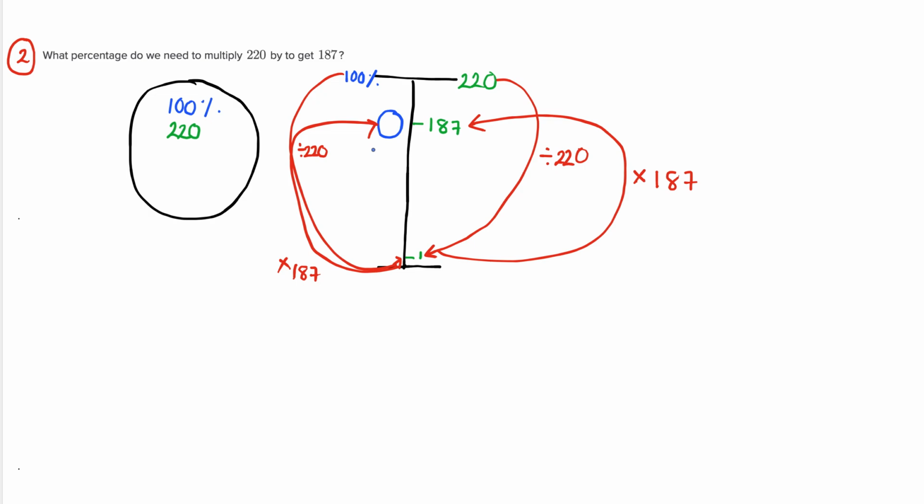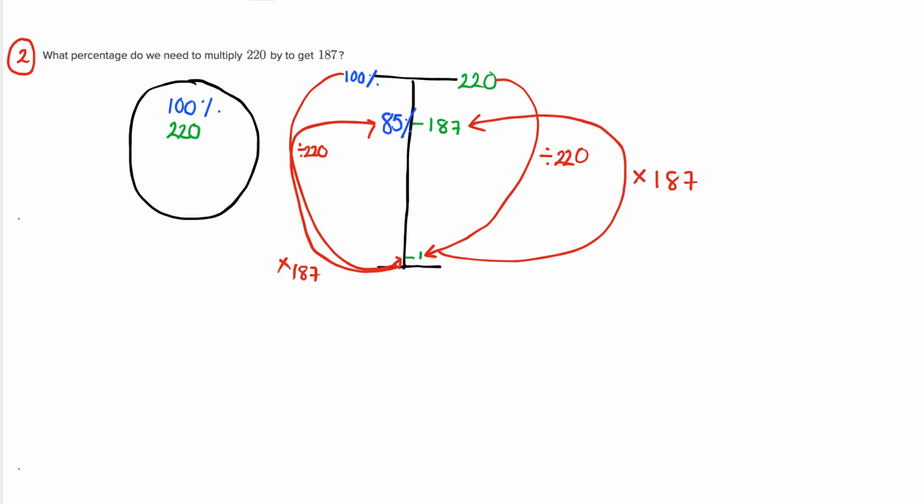That's what I got. So this value here is 85%. That's what I got when I did this operation. Wonderful. So now the question is, what percentage do we need to multiply 220 by to get to 187? So the answer is 85%.